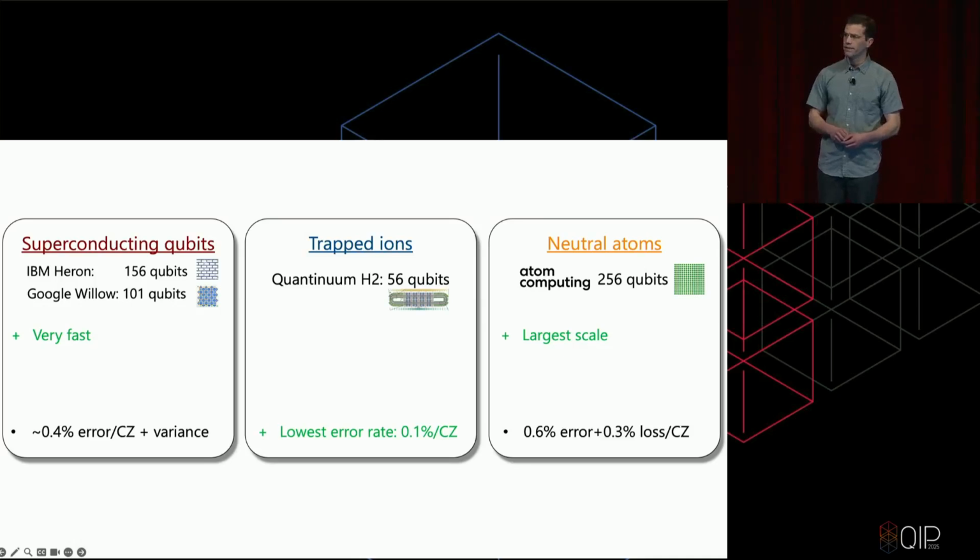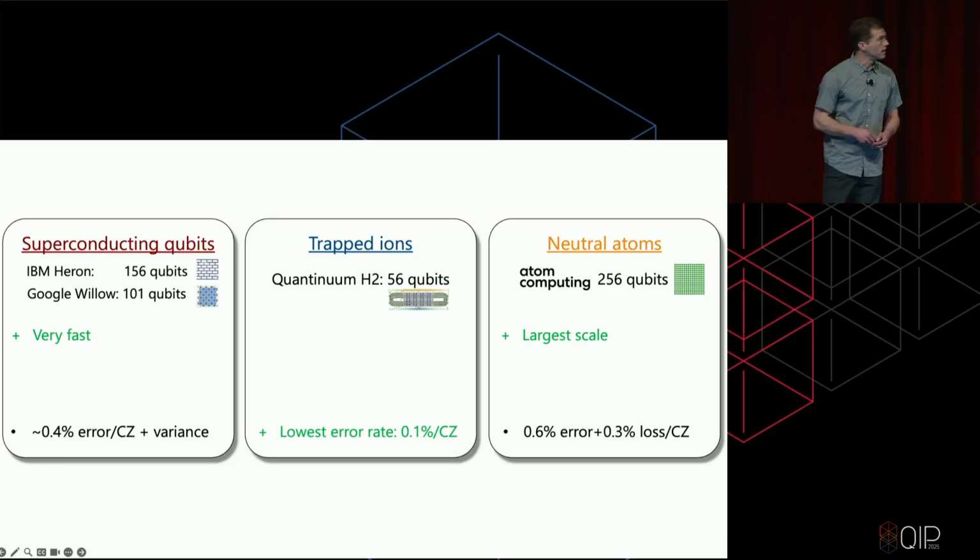Perhaps their main advantage is their speed. They're very, very fast. I think Google's papers have millions of shots, so lots of data they're able to take. The error rates are in the range of 3 to 4 times 10 to the minus 3 per 2-qubit gate, although different gates have different error rates. So some of the gates are going to be considerably noisier than others.